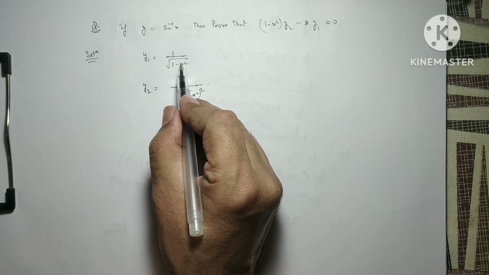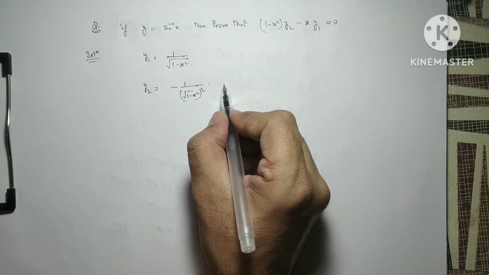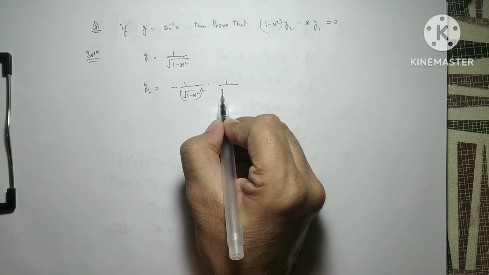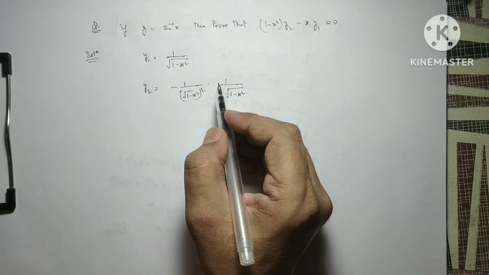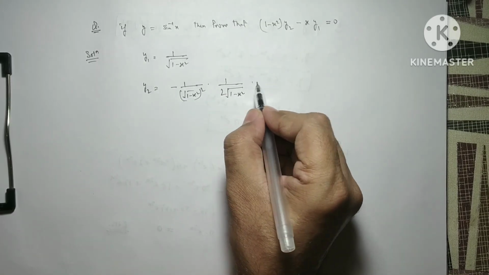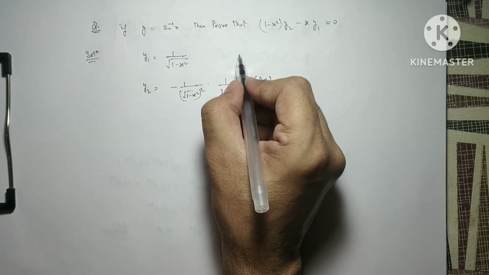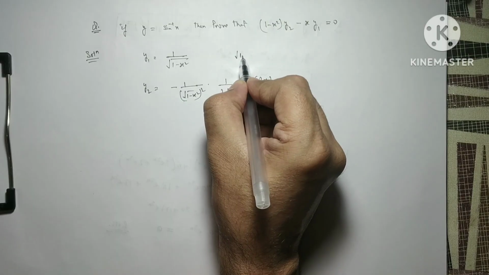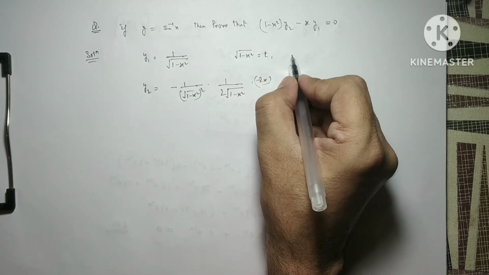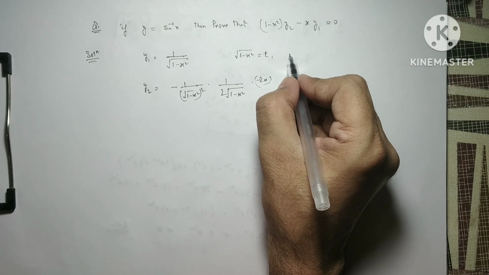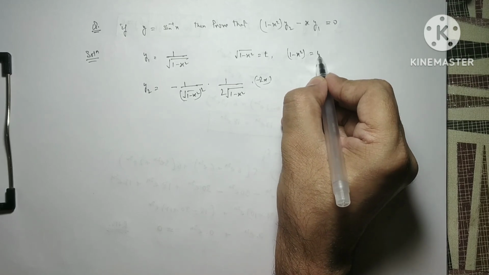We are using chain rule, and if it is u, then we get 1 over 2 root u, 1 minus x square. And what about u? It is minus 2x. So under root 1 minus x square as t, 1 minus x square as u.